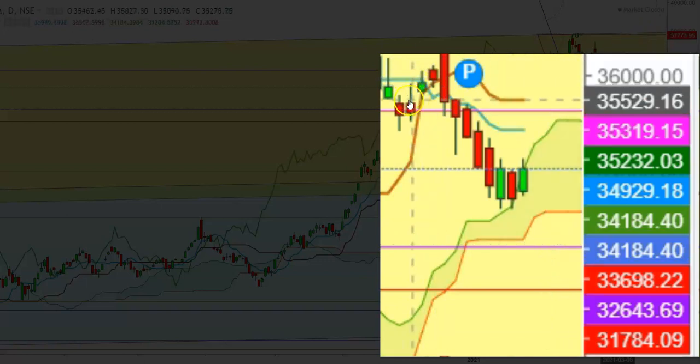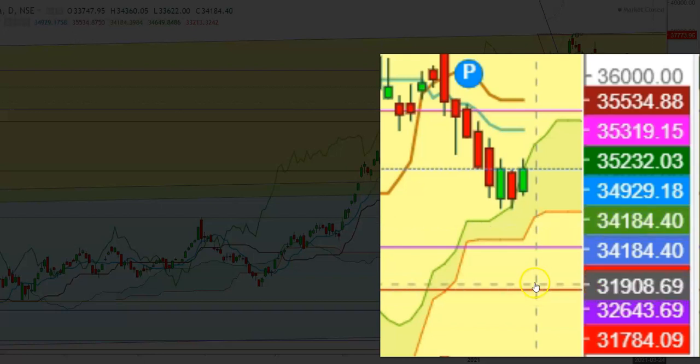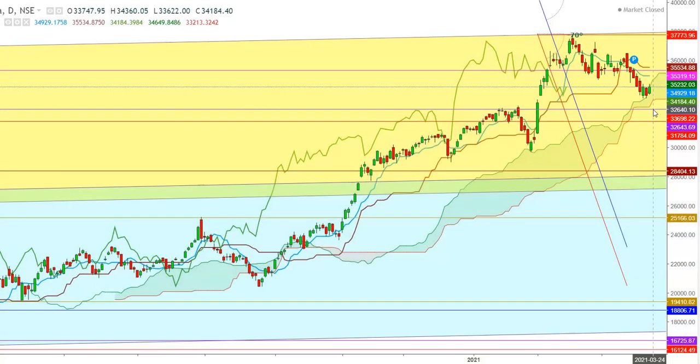So friends, here I find that a formation of a bearish crossover in a daily time frame in Bank Nifty could keep Bank Nifty under heavy bearish pressure, where we could see a steep fall during the rest of the week, whereas I find that the Nifty could close this week below the level of 32,640.